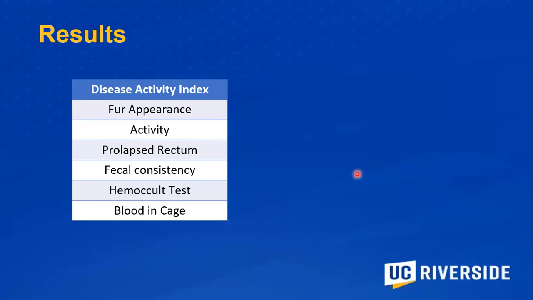Prolapse rectum is when a part of the rectum is poking out of the mouse, which would also be seen as a sign of colitis. Fecal consistency: any diarrhea or looser stools would be seen as a sign of colitis. Hemoccult tests test for any blood in the feces, which is also an important thing that we looked for. And then blood in the cage, if there was any additional bleeding outside of that.